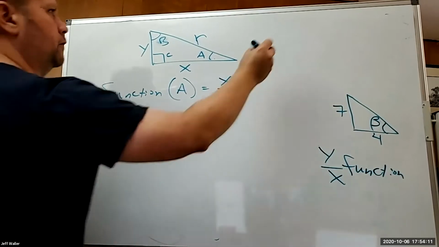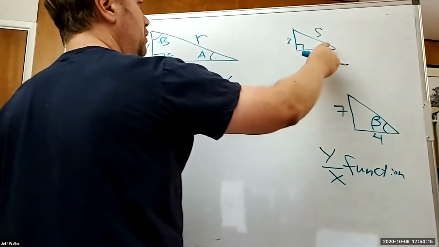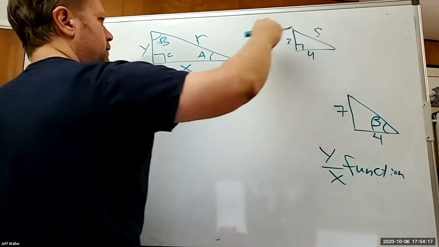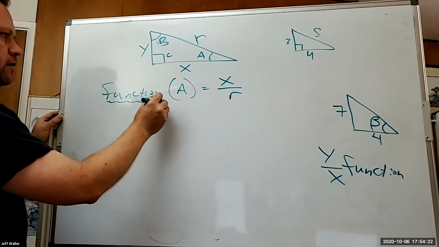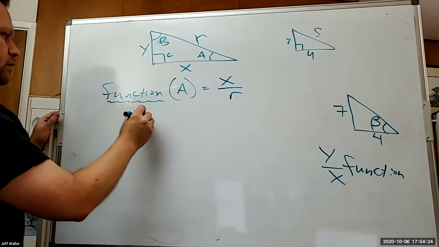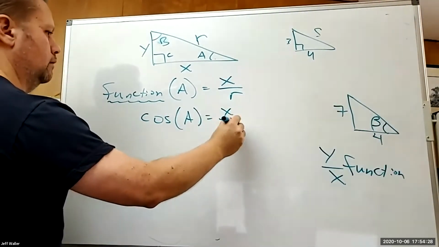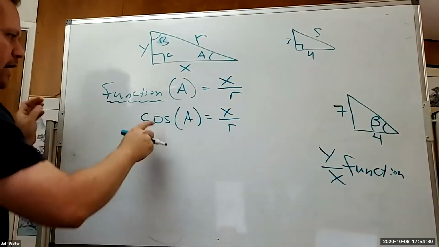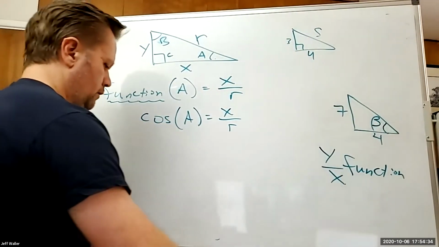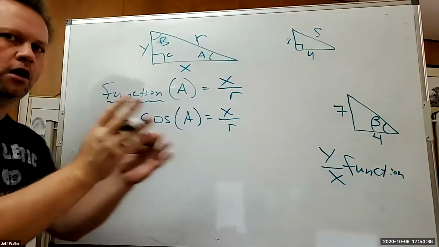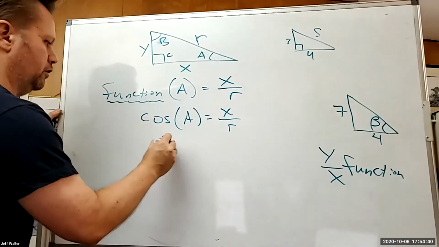For example, for a 3, 4, 5 triangle, this function would give me 4/5. The symbol we use for this function is cosine. This is fully written out, and the symbol we use is cos, sort of like log is shorthand for logarithm. Cos is shorthand for cosine.